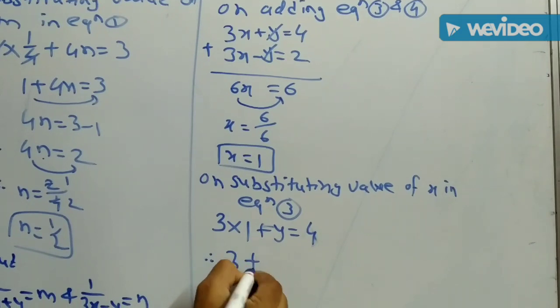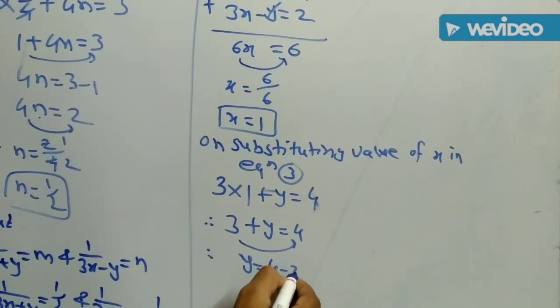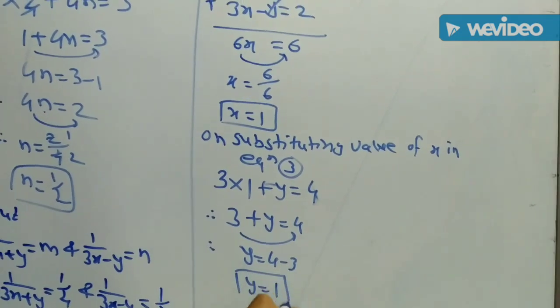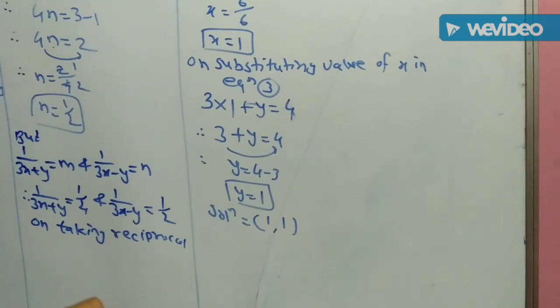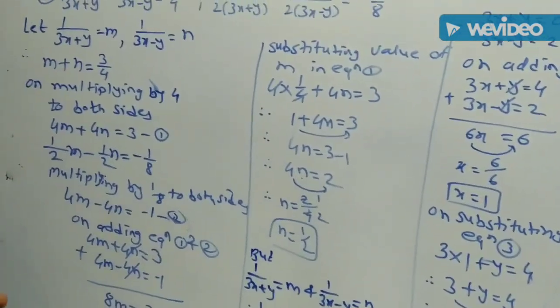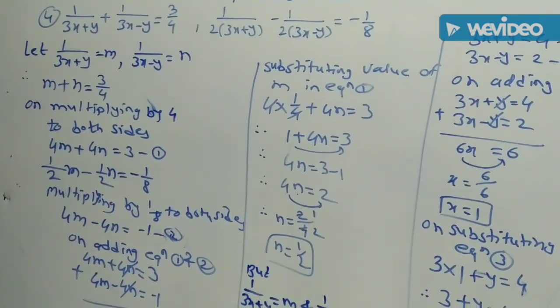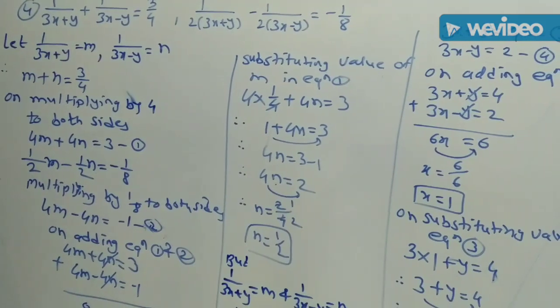Now 3 ones are 3, plus y is equal to 4. Plus 3 gets converted to minus, 4 minus 3 that is 1, and the solution of the equation is 1, 1. This is example number 4 of practice set 1.4.